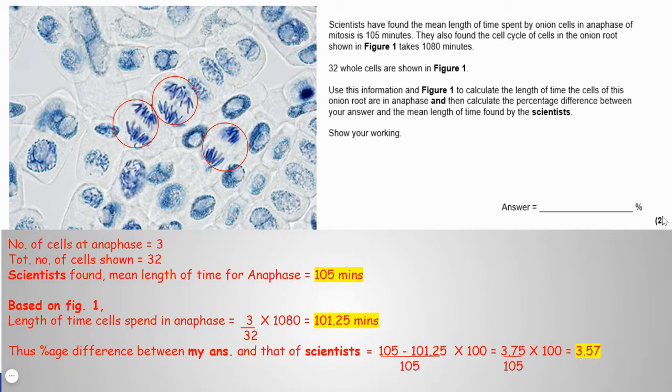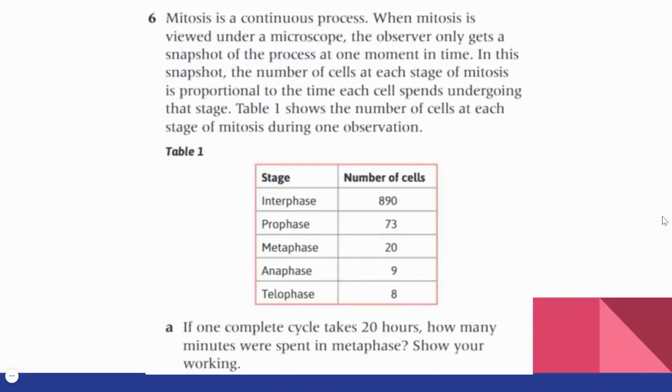The next question is also very similar. It says mitosis is a continuous process. When mitosis is viewed under a microscope, the observer only gets a snapshot of the process at one moment in time. We just discussed that. In this snapshot, the number of cells at each stage of mitosis is proportional to the time each cell spends undergoing that stage.